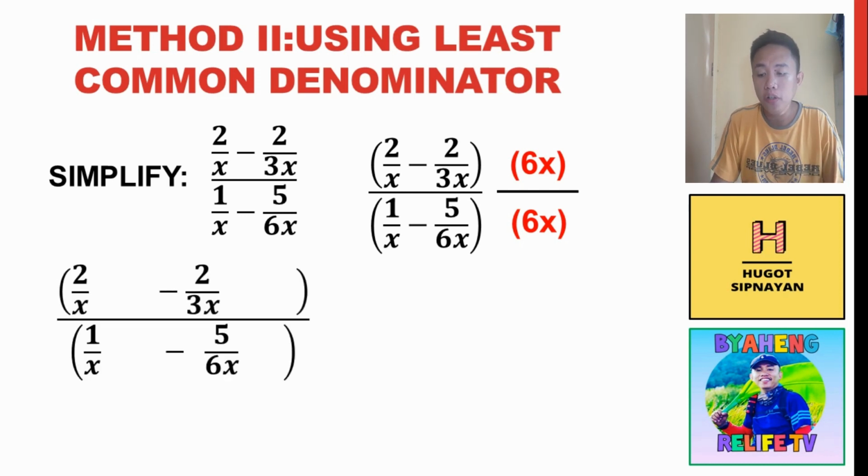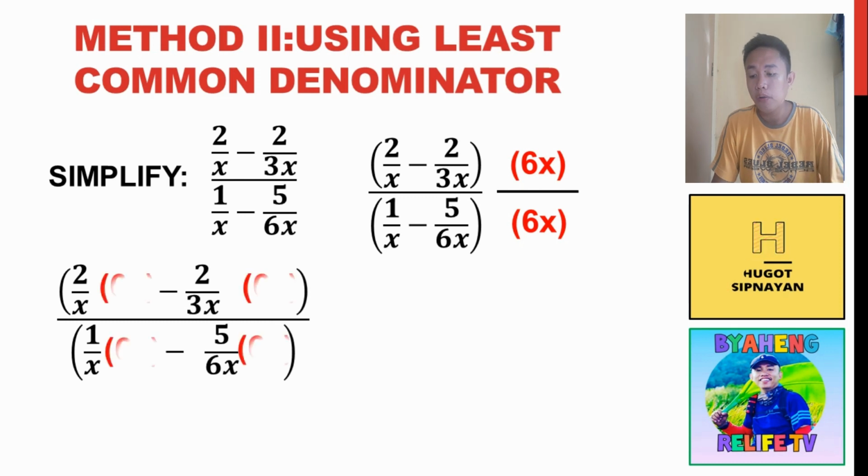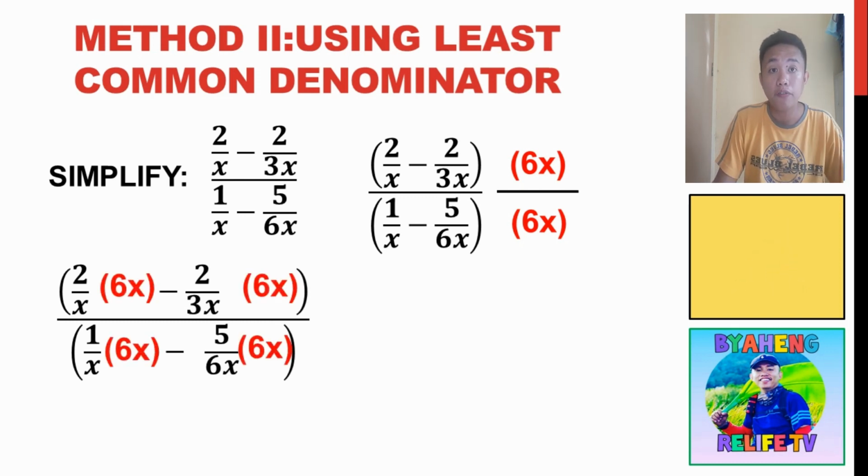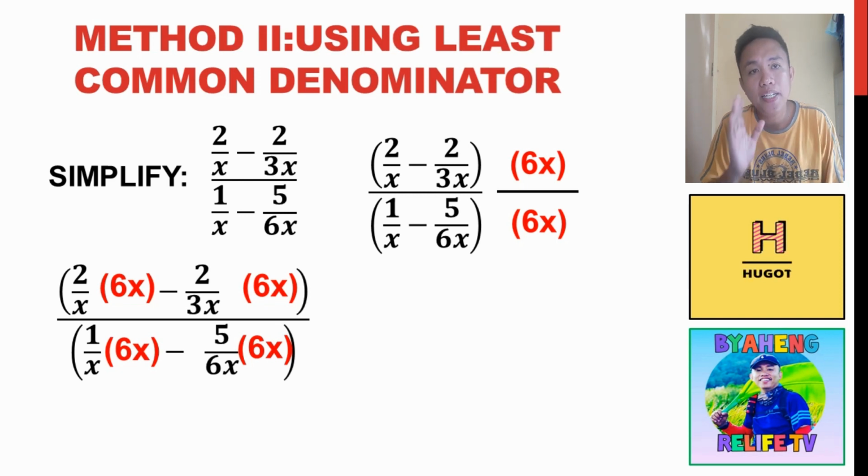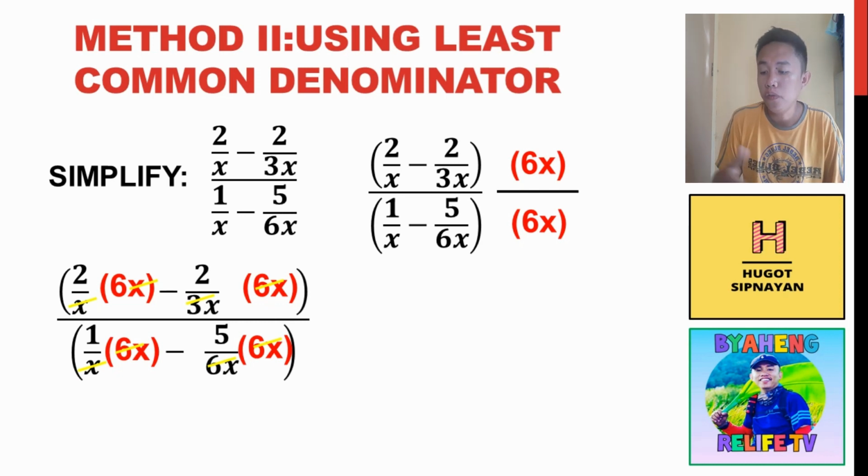Now, we're going to distribute 6x on the whole equation. Same thing with what we have done on the first example for method number 2. Now, we cancel out. On the first pattern, 2 all over x times 6x, we canceled x.